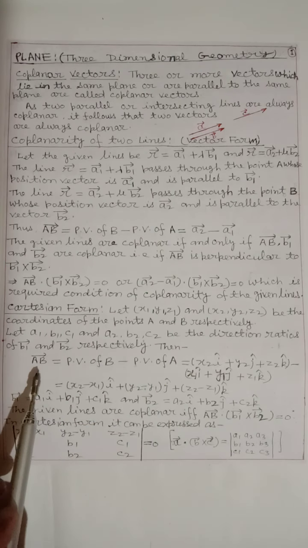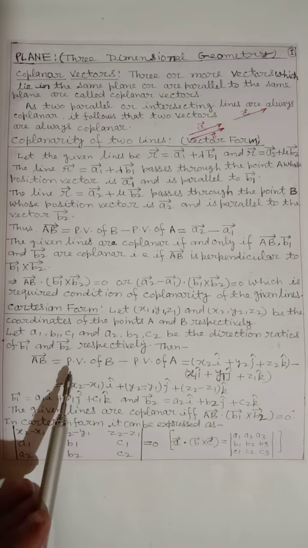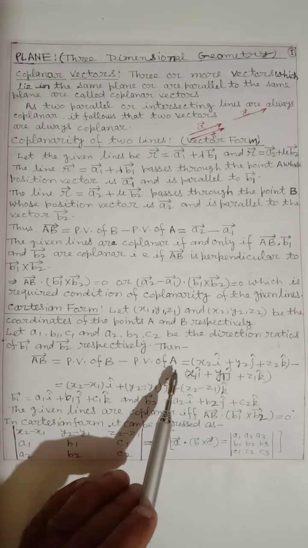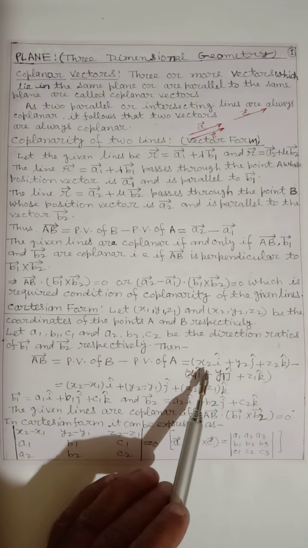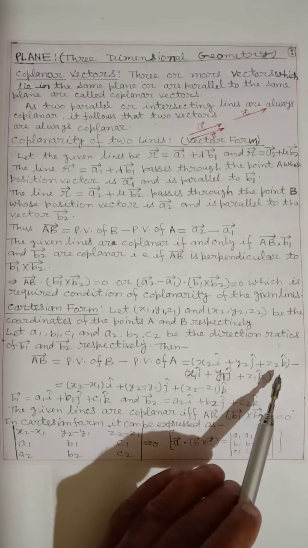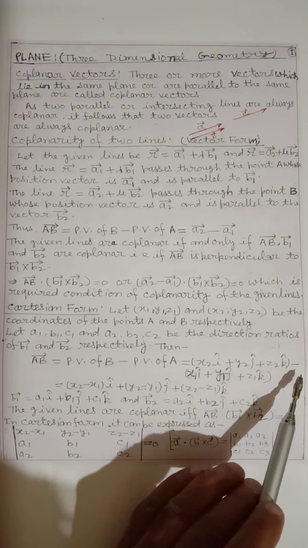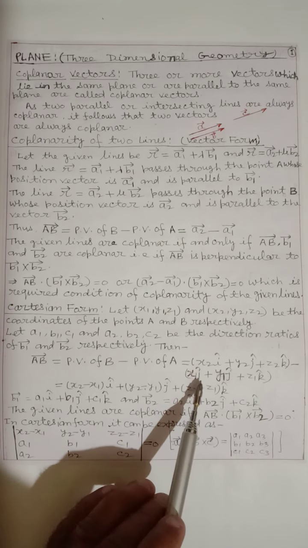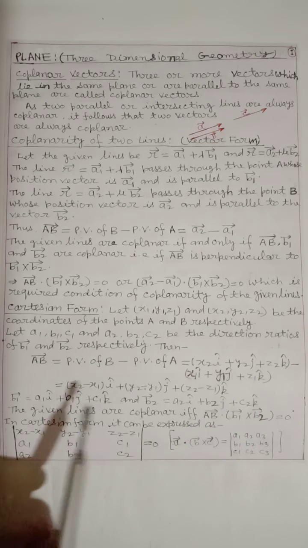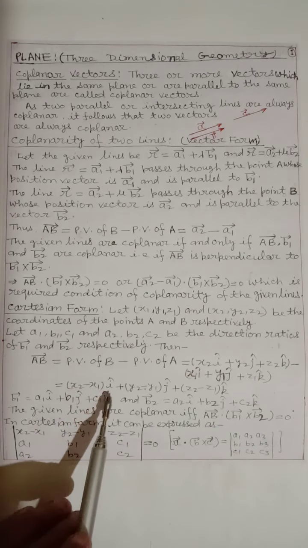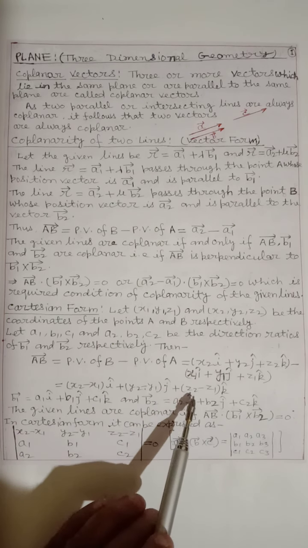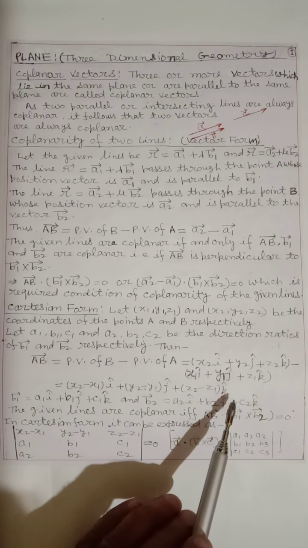Then vector AB is equal to position vector of B minus position vector of A, and this is equal to x2 i cap plus y2 j cap plus z2 k cap minus x1 i cap plus y1 j cap plus z1 k cap, and this is equal to x2 minus x1 i cap plus y2 minus y1 j cap plus z2 minus z1 k cap.